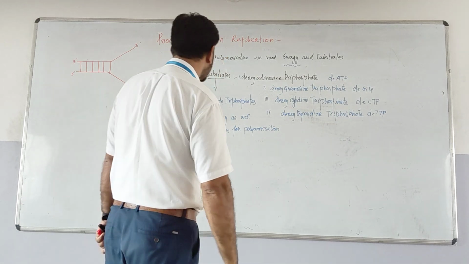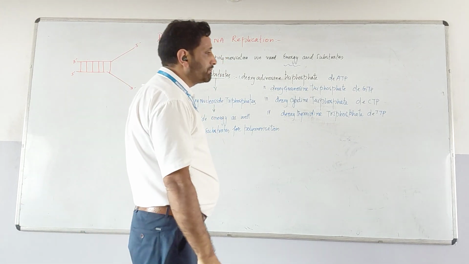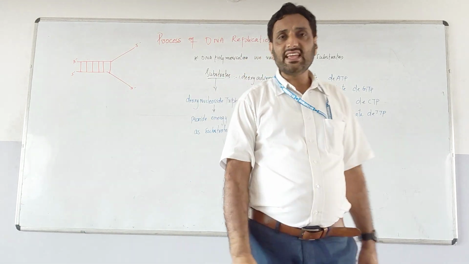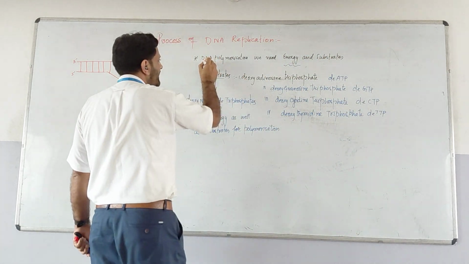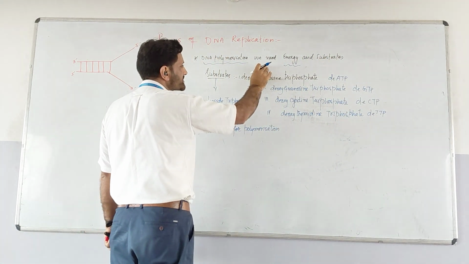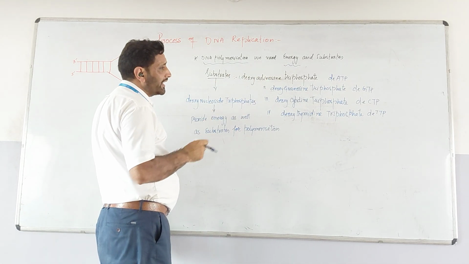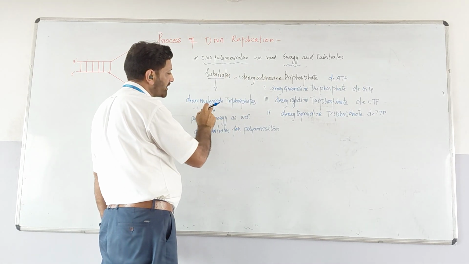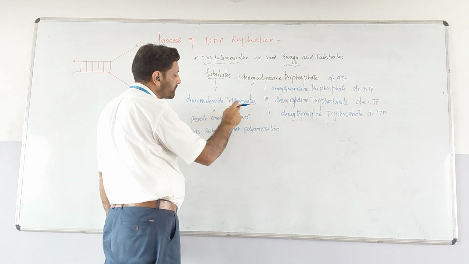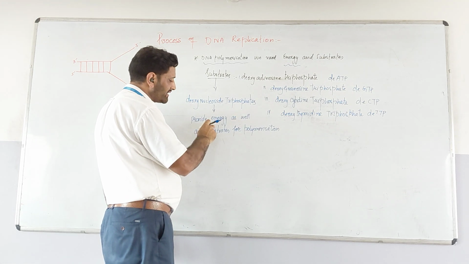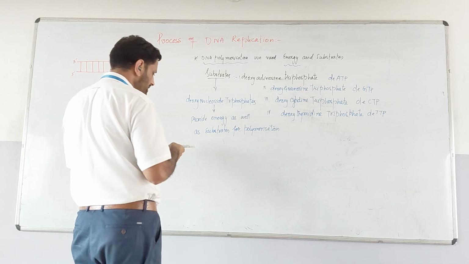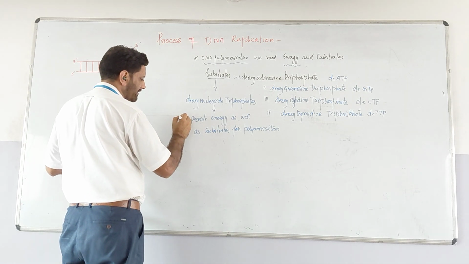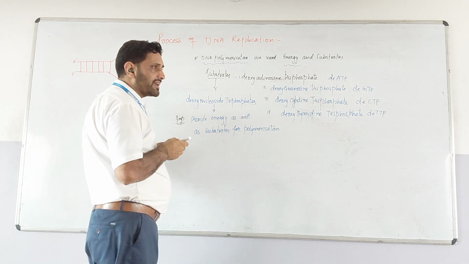So these substrates function both as substrate as well as energy, because this DNA polymerization is an energetic process, and for that, these deoxynucleoside triphosphates can provide energy as well as substrate for polymerization.